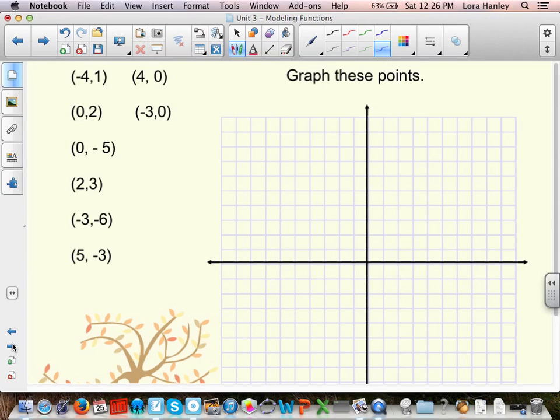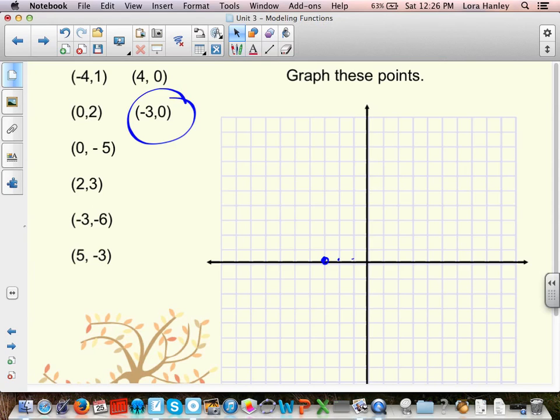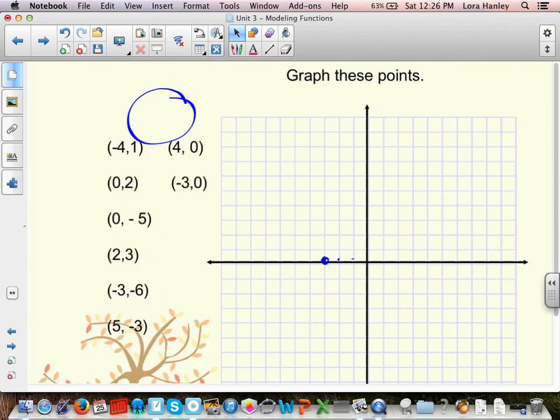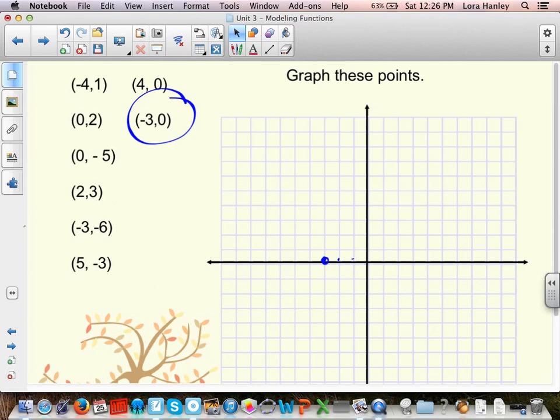If you're given a point, use those same rules to plot that point. For example, negative 3, 0 would be over to the left 1, 2, 3, but up 0. And that is my point, negative 3, 0. Okay.